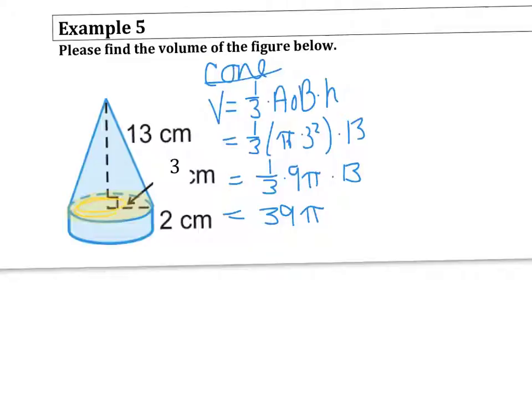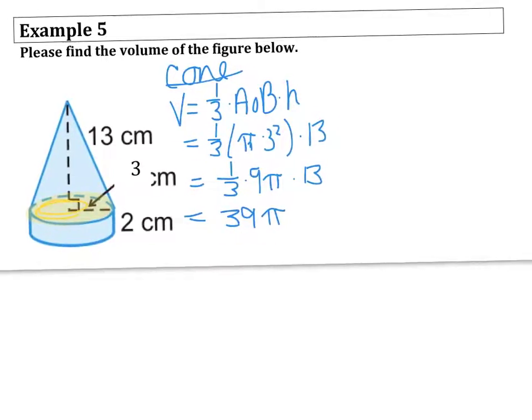Now I'm going to leave it in terms of pi for now, and then we'll get a final answer at the end. But now let's take a look at the bottom part of this figure, which is a cylinder. We know volume of a cylinder is just the area of the base times the height.